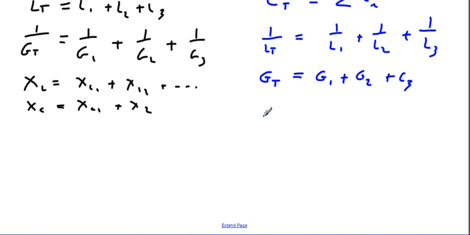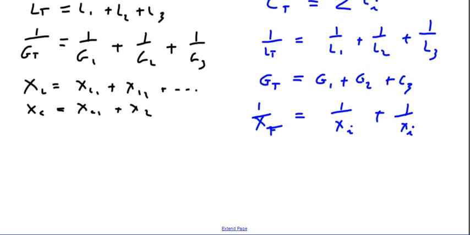My impedance is going to follow a 1 over total, 1 over X1 plus 1 over X2, whatever, a 1 over rule for both of them.